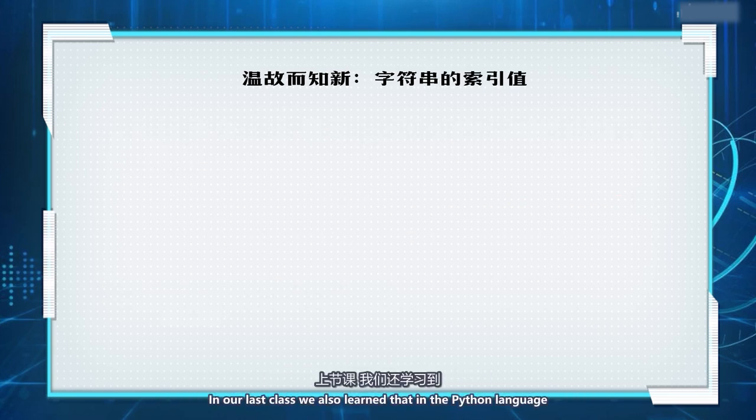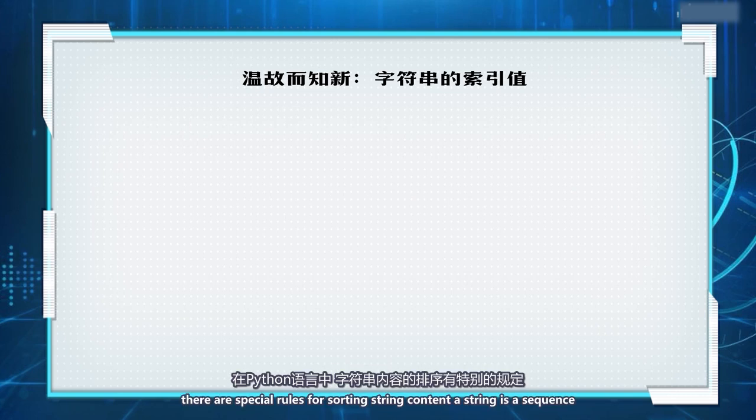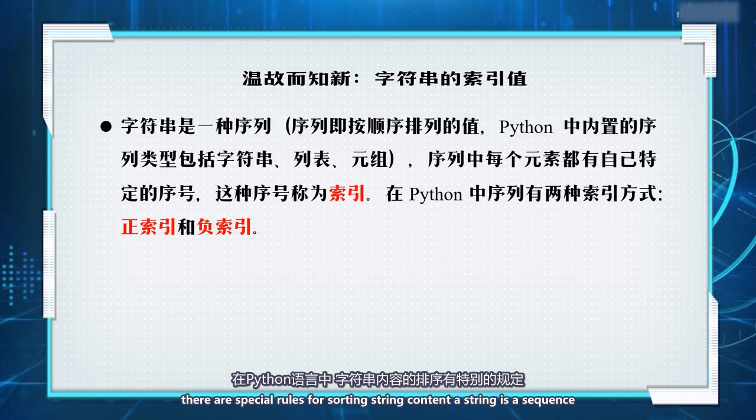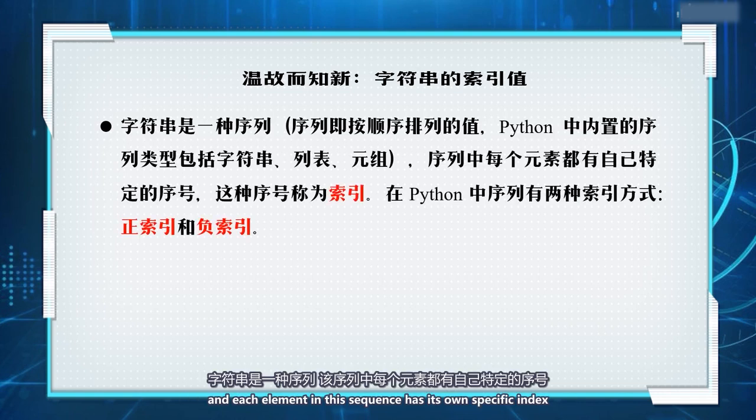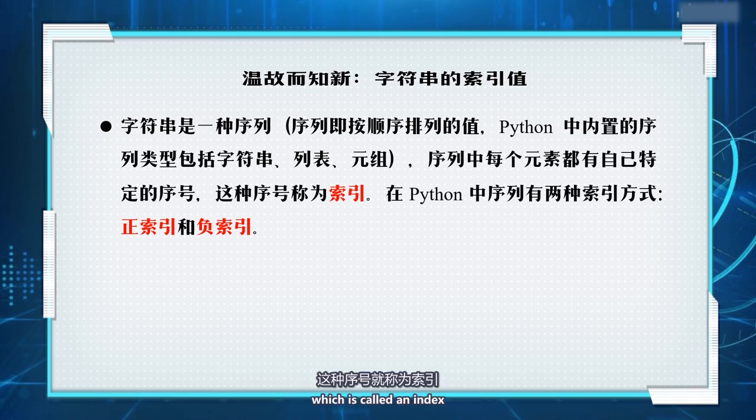In our last class, we also learned that in the Python language, there are special rules for sorting string content. A string is a sequence, and each element in this sequence has its own specific index. There are two indexing methods for sequences in Python: positive indexing and negative indexing.